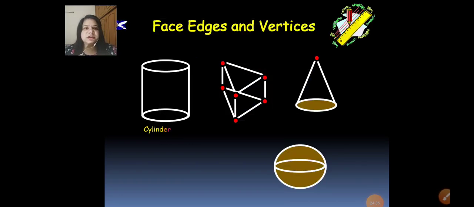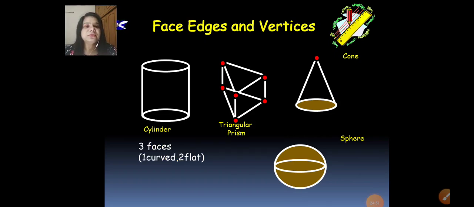So let's revise. The first solid with me is a cylinder. Next is a triangular prism. Next is a cone. Then we have a sphere. So let's write the number of faces.